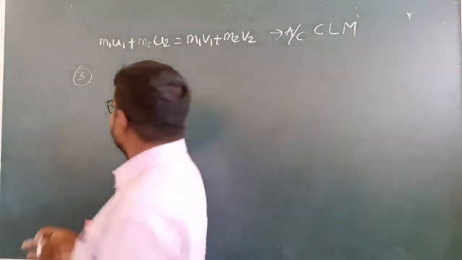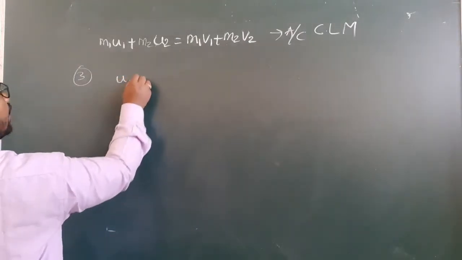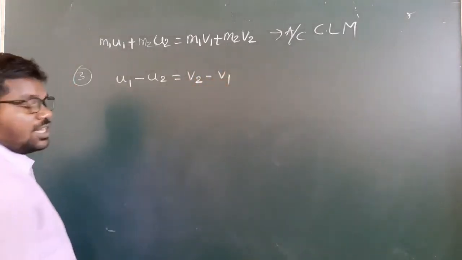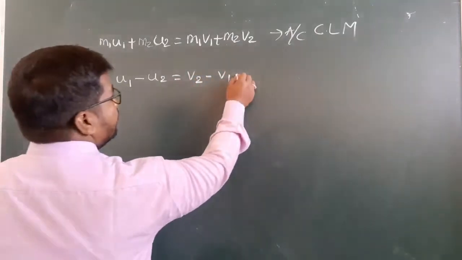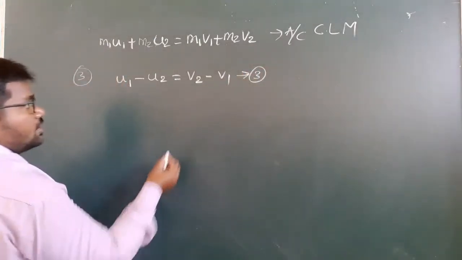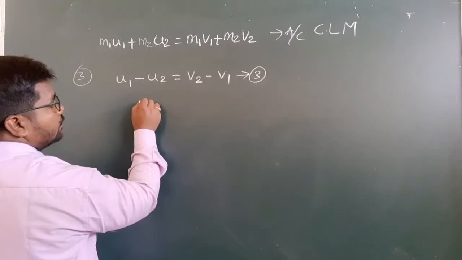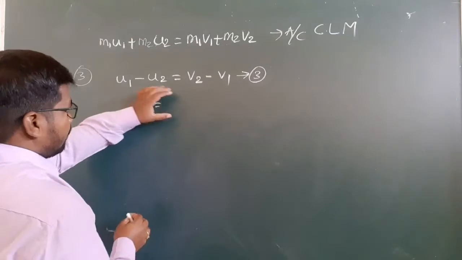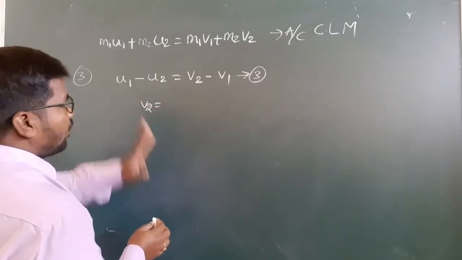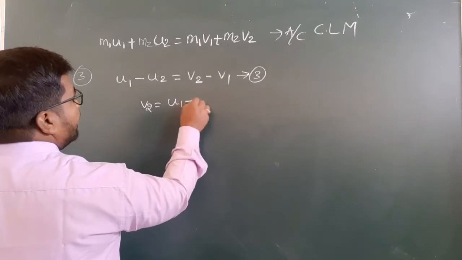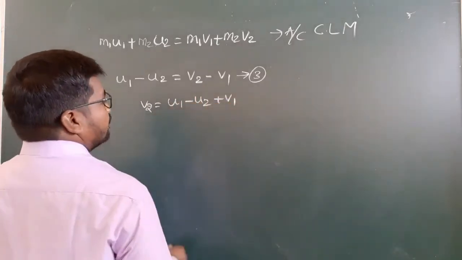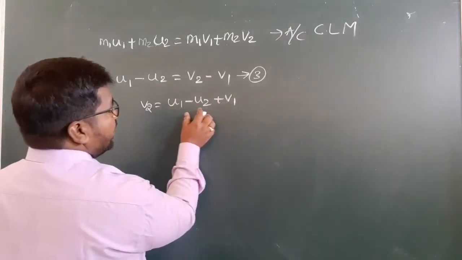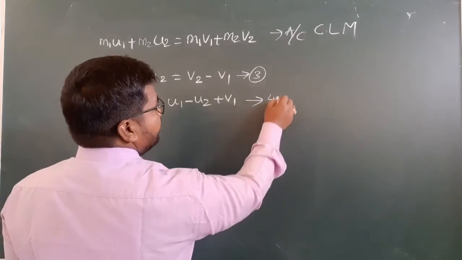What is equation 3? u1 minus u2 is equal to v2 minus v1. From this we can separate the v2 value: v2 is equal to u1 minus u2 plus v1. Say it is equation 4.